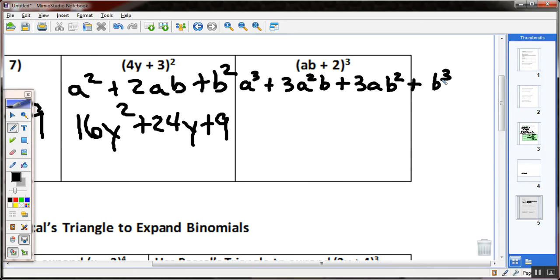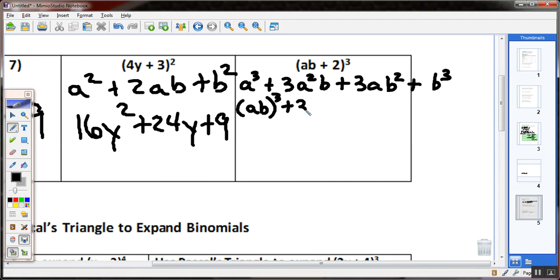Everywhere where you see an a up there, what are you really plugging in, kids? And everywhere where you see a b up here, you're really plugging in what? That's why it gets kind of confusing, because they chose which variables to work with our identity. So everywhere there's an a, what's going in? This is going to become a to the what first, kids?